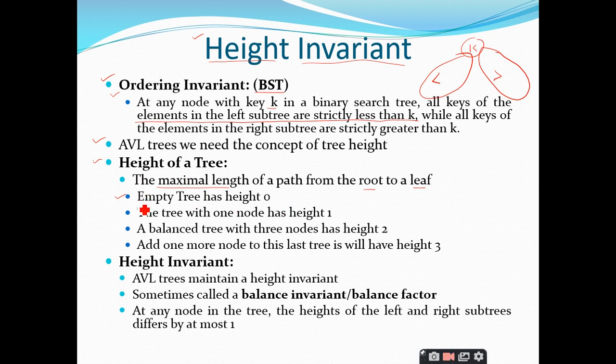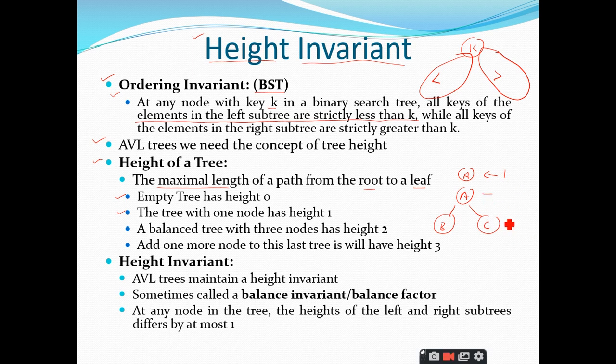And an empty tree will have a height of 0. A tree with one node, this is a node, a tree. What is the height of this tree? It is 1. And what if you draw it like this? What is the height of this tree? It is 2.